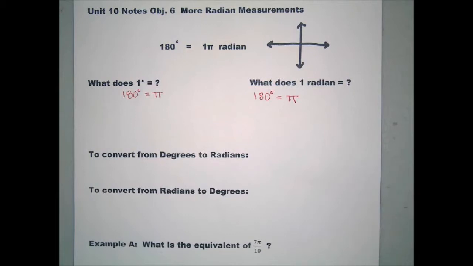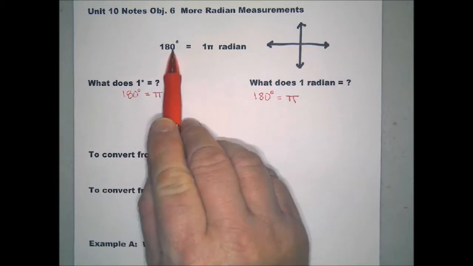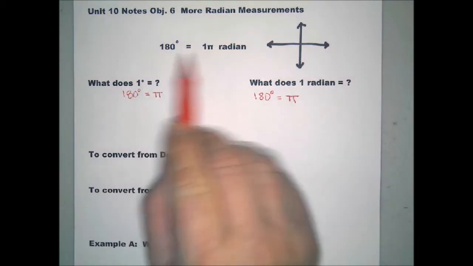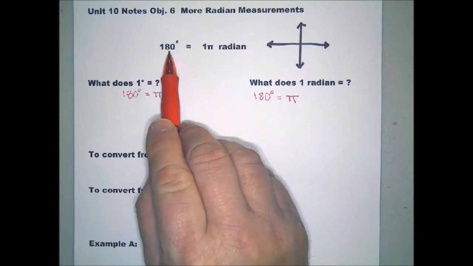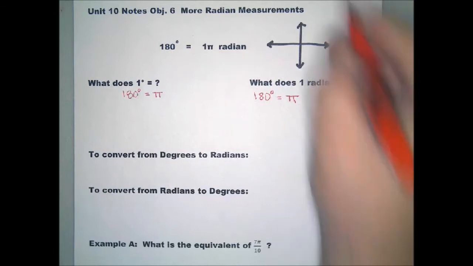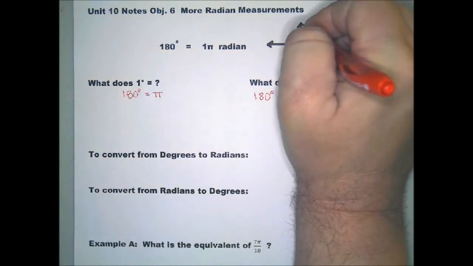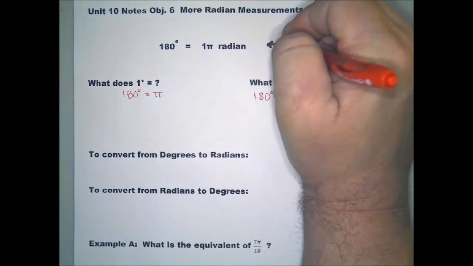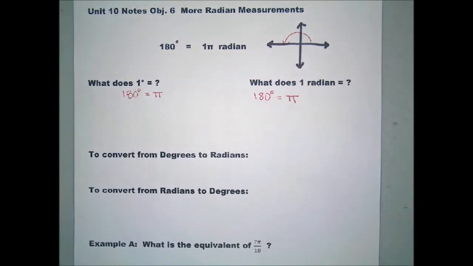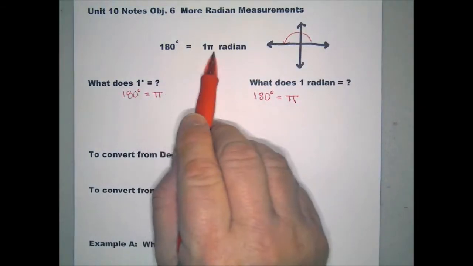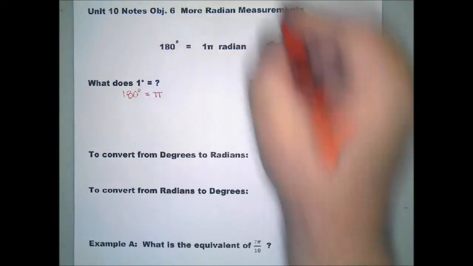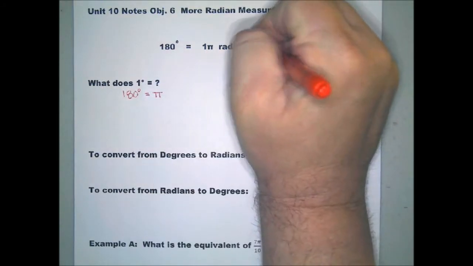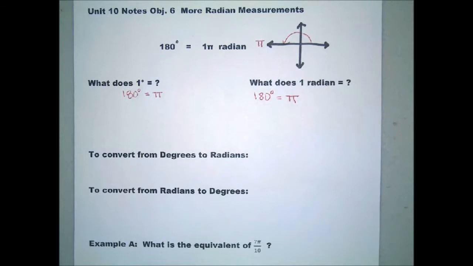So let's go back to everything revolves around this equivalency right here. If you're talking in terms of degrees, then 180 degrees gets you halfway around the circle. We all know that. But in this new unit of measure, the equivalent to that is 1 pi radian.